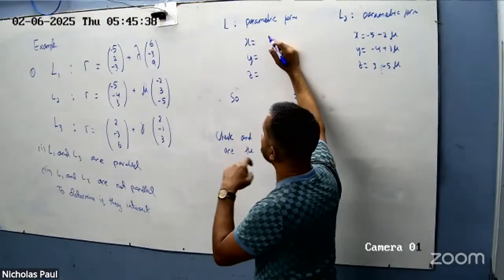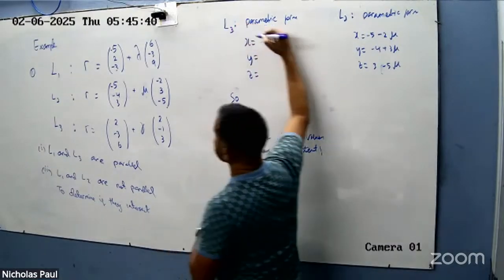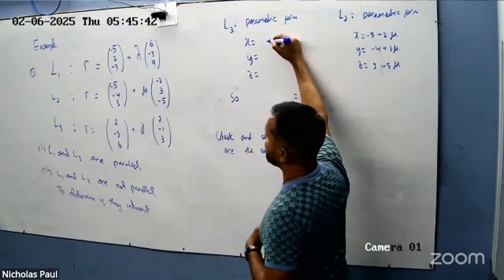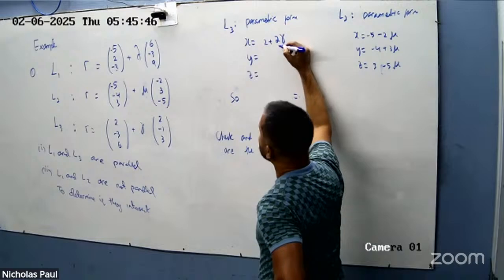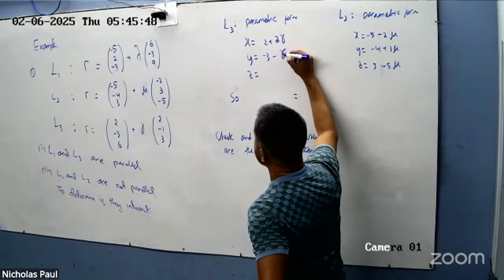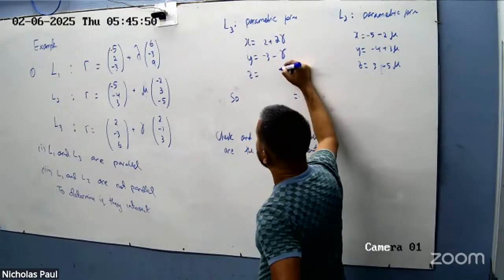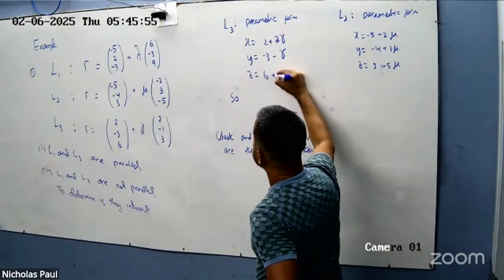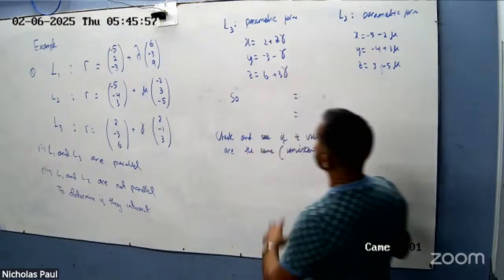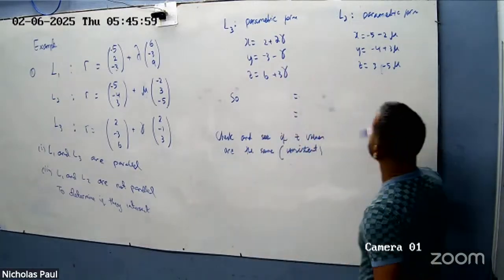Right, so I'm using L1, L2 and L3. So that would be 2 plus 2 gamma, minus 3 minus gamma. Right. So I have L3 and L2. I'm going to equate them.